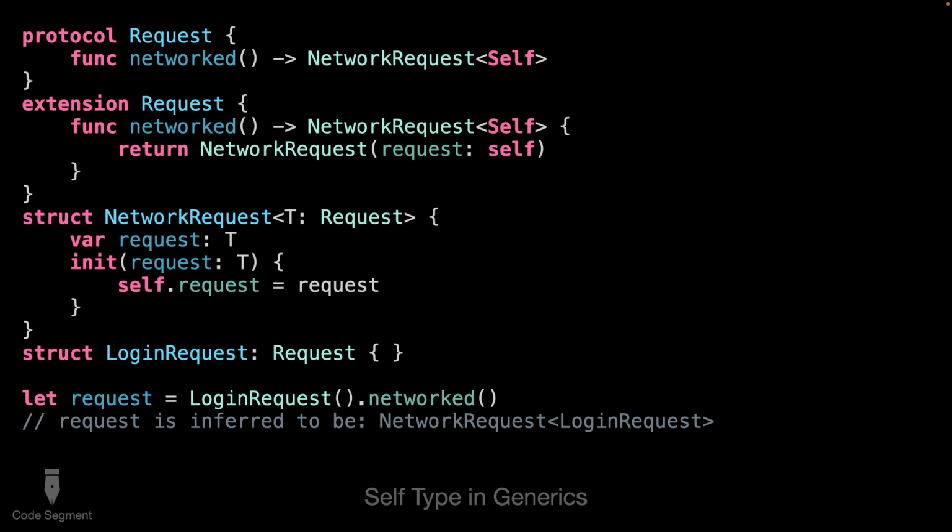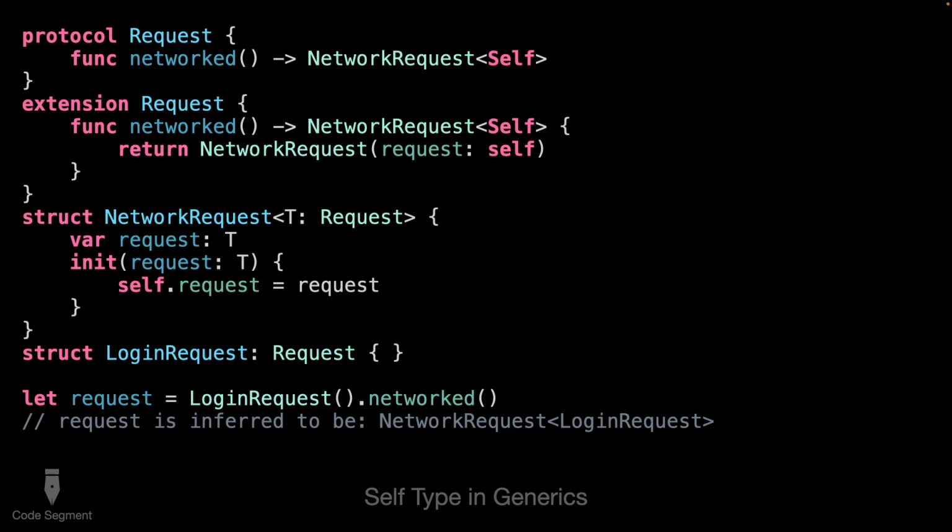Okay, so the Self type in generics, you can basically do this thing where you can have types refer to themselves. So let's assume that you are creating this protocol called Request, and you want to be able to wrap up requests.